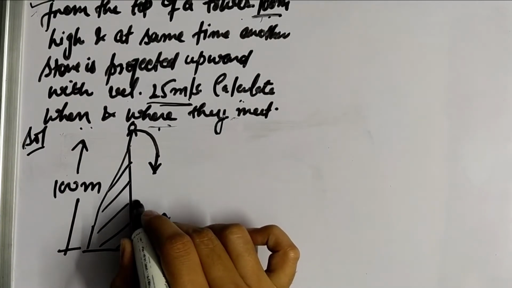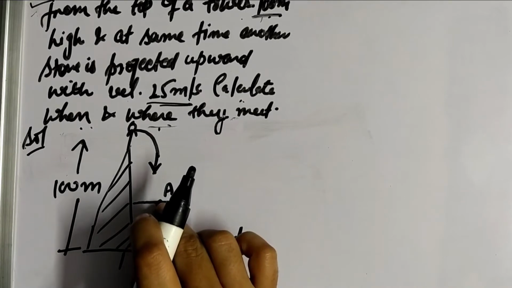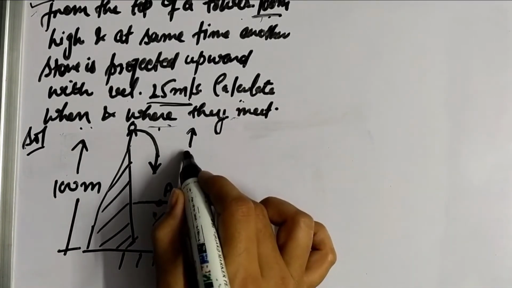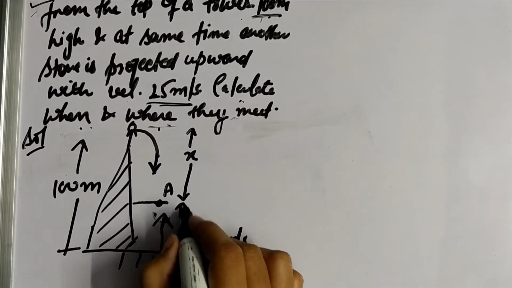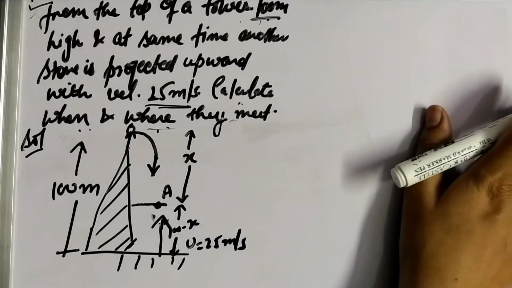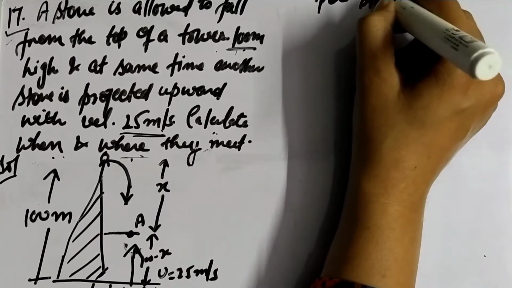So in this case we will suppose that at point A, these two stones will meet, and at this point stone 1 would cover, suppose, x distance, and the remaining distance, 100 minus x, is covered by the second stone. We'll write for stone 1 first.